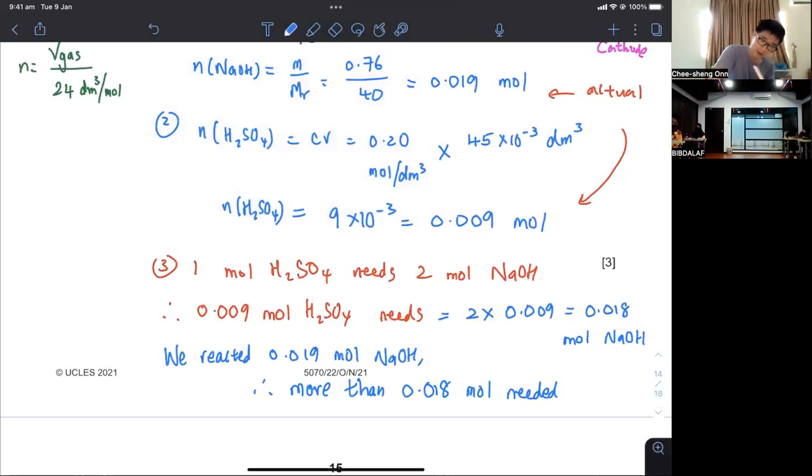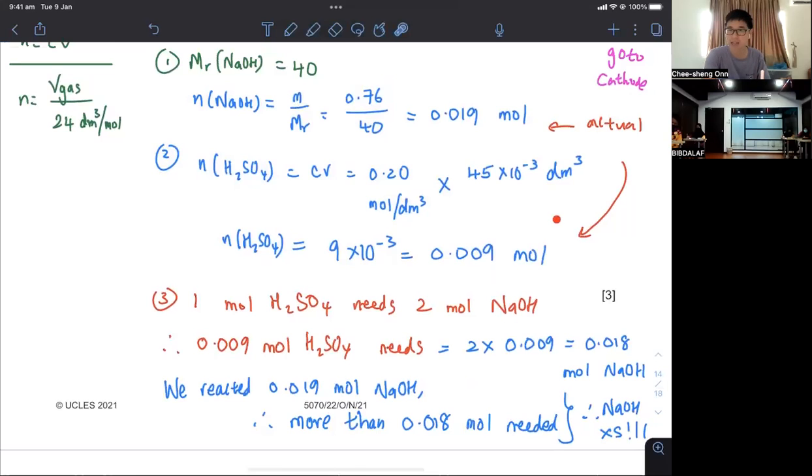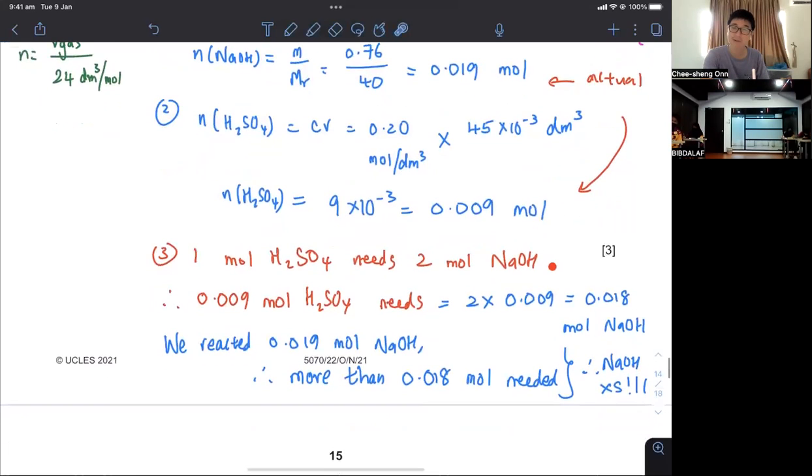So if we put in more than what we need, therefore NaOH is in excess. Somewhere along that line, you can do your working anyway, but you will get 1 mark for calculating mass over Mr. You get 1 mark for your n equal to CV. You get the last mark for doing the mole ratio correctly. And hopefully that makes sense to you. Okay?